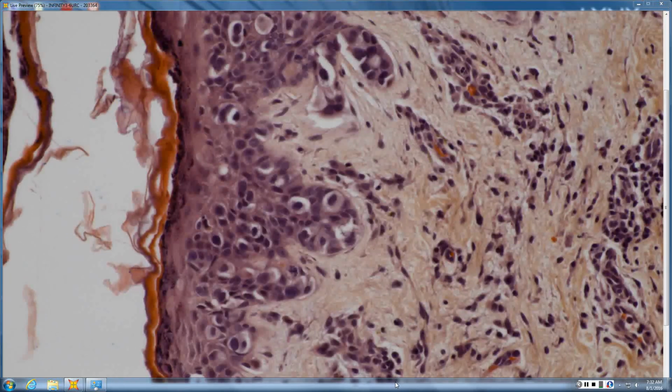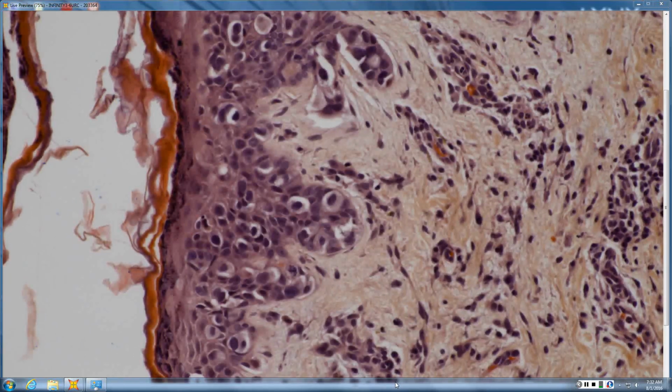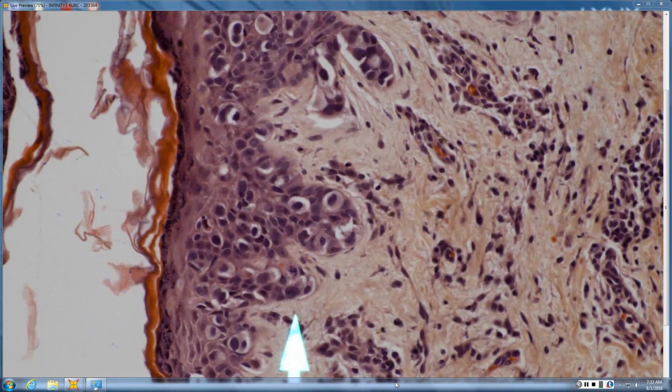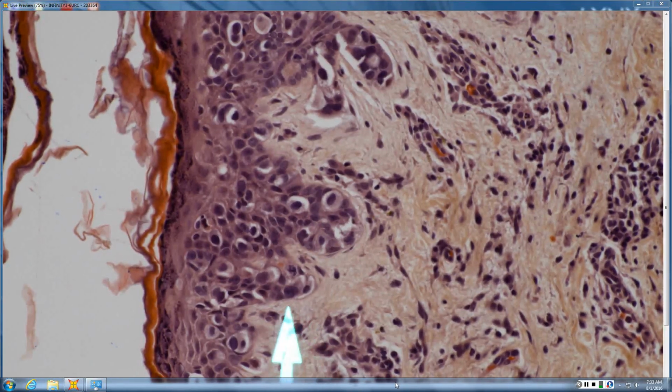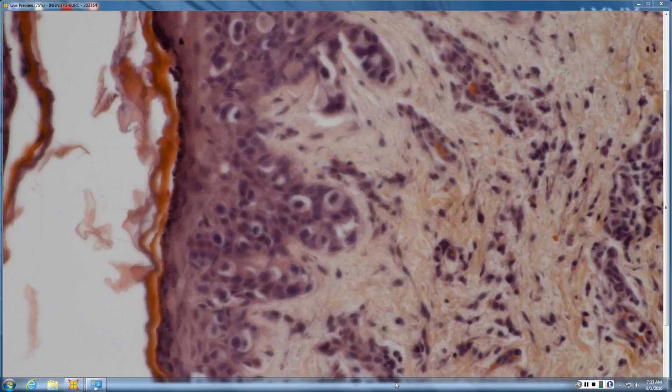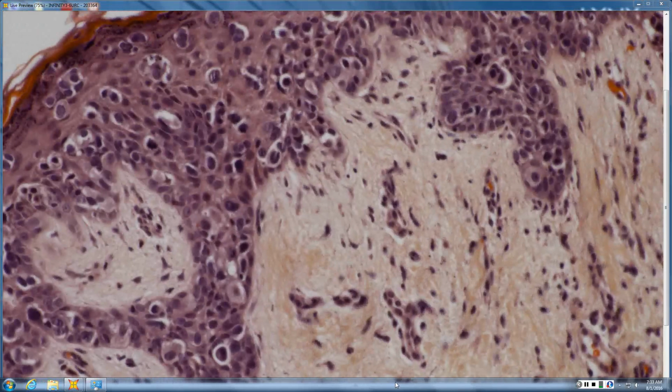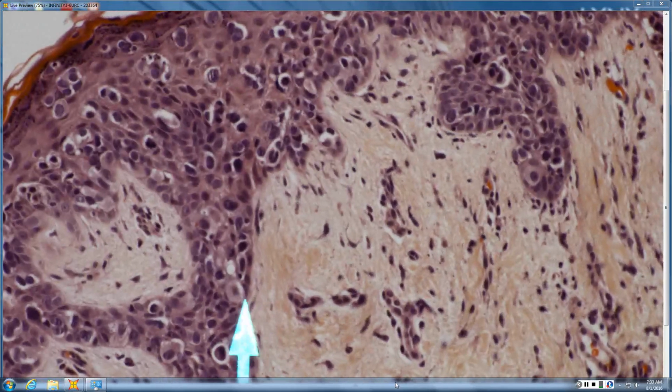So melanoma would certainly be one thought. How would you? We'd have to do stains. Yeah, exactly. And you see cells that have an amphophilic cytoplasm. You look for some features like crushing of a basal layer. Do you see that anywhere?